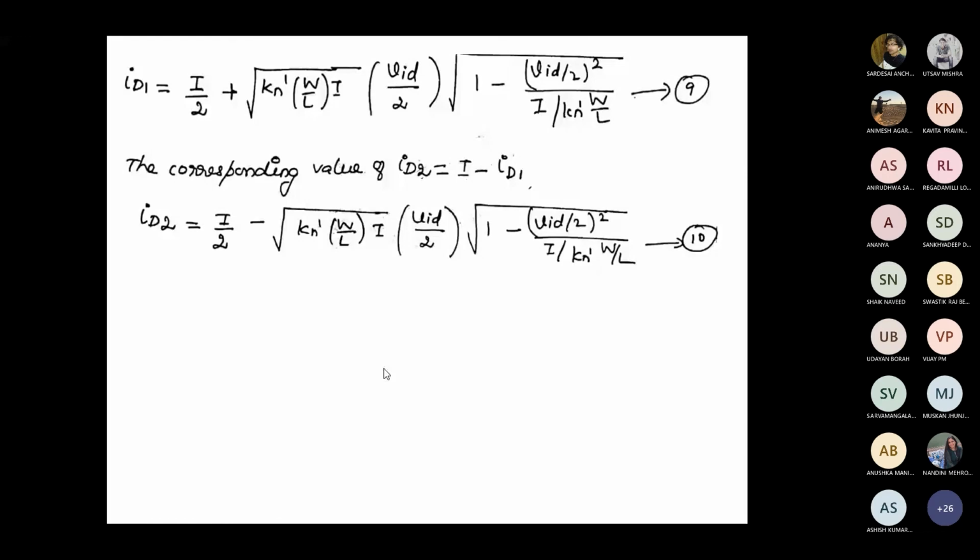No, ID1 has two roots as of now, since we have solved the quadratic equation. But in the analysis, the other root of ID1 will be equal to ID2. That negative deviation will be equal to the other drain current. Okay, thank you. Yes, ma'am, got it. Thank you.